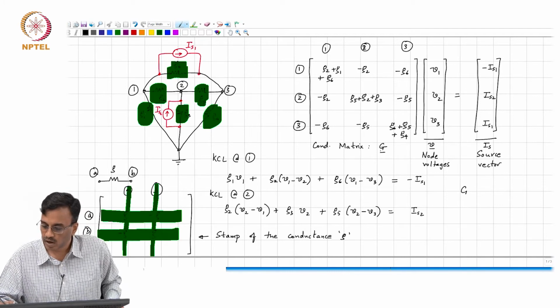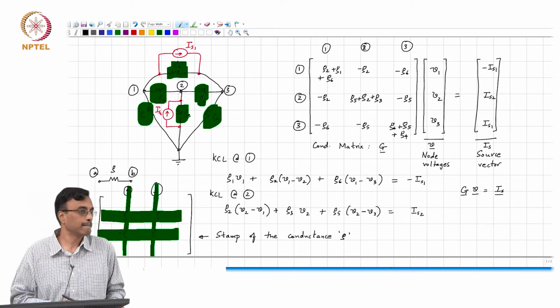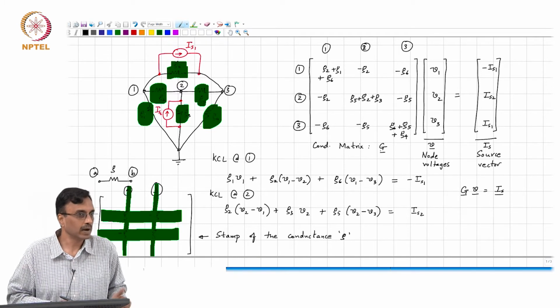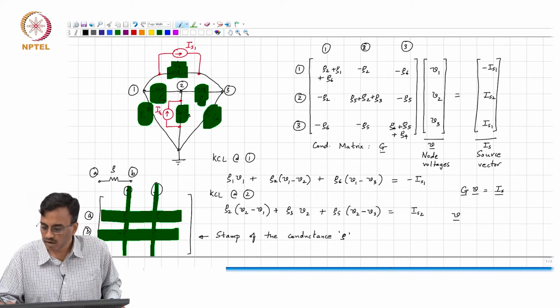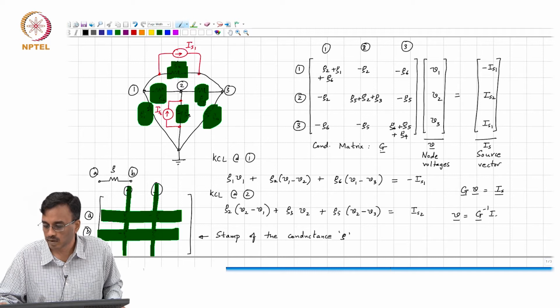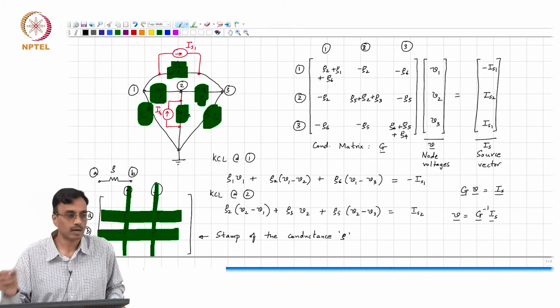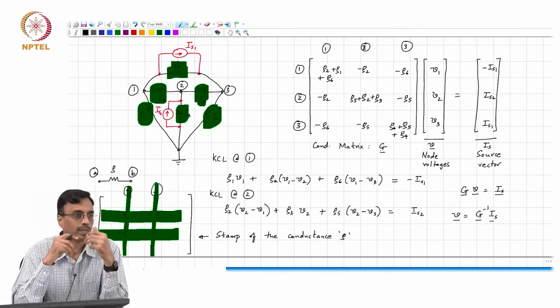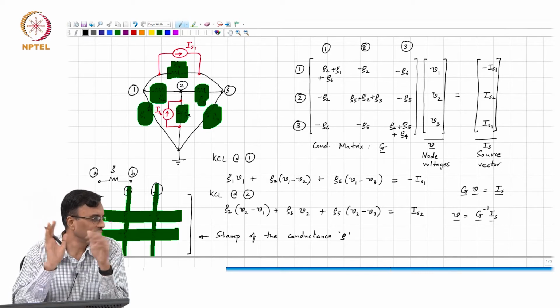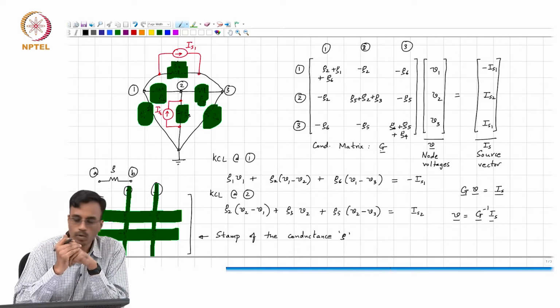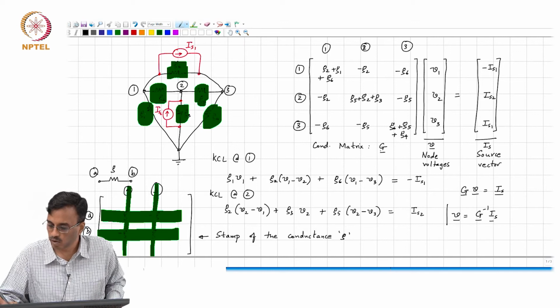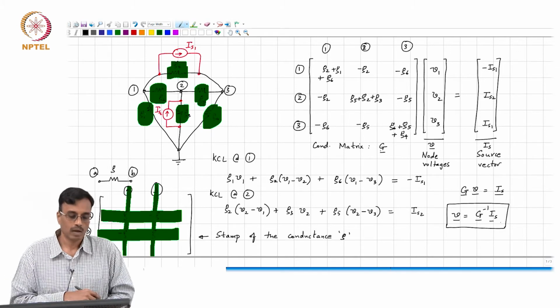So, the nodal equations can be written as G V equals I sub S, and it is straightforward to find V as simply G inverse times I sub S. Is that clear, people? You must have seen this before multiple times. It is just a refresher. All right.